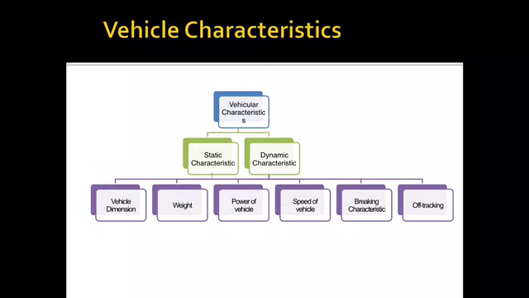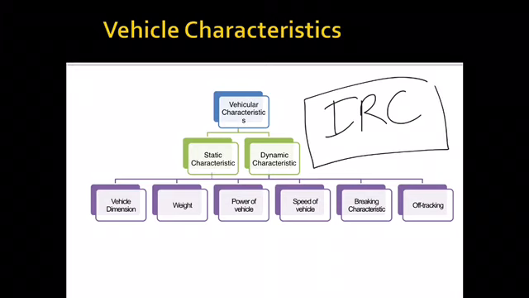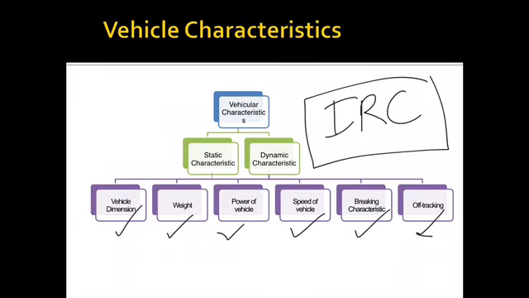We will look into them one by one, and also study the IRC recommendations. Whenever we talk about standards, all the standards for the design of any traffic facilities are given by the IRC, the Indian Roads Congress. The conditions required for the dimension of the vehicle, the weight, the speed, how to provide the off tracking, what the braking efficiency should be, and what the minimum power required for the vehicle should be, are all given by the IRC.